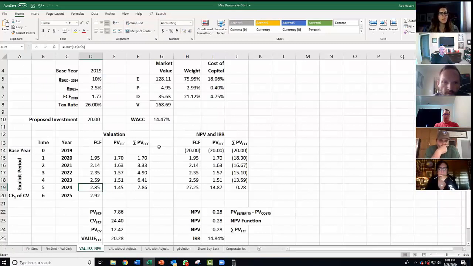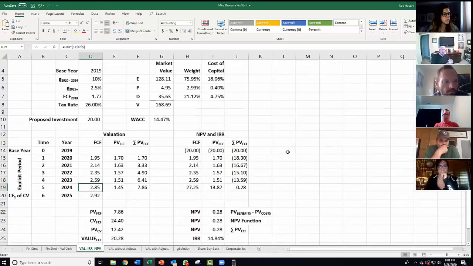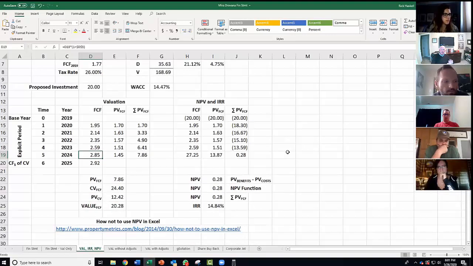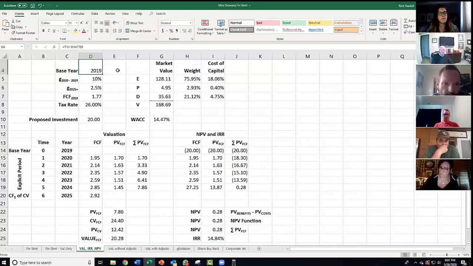So what I've got set up here, and by the way, you'll see this kind of spreadsheet on my website, and it's one of the decision criteria templates. Okay, and what we have is I'm giving you my base year, 2019.